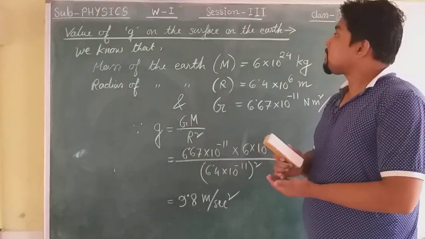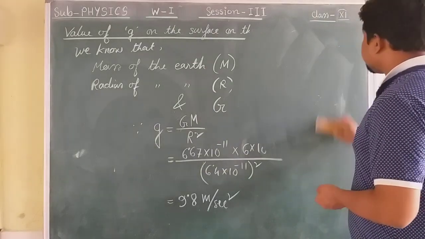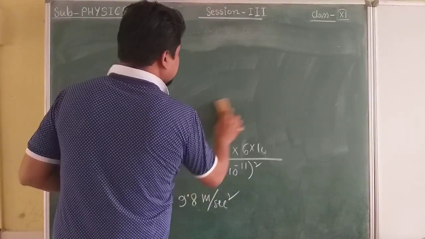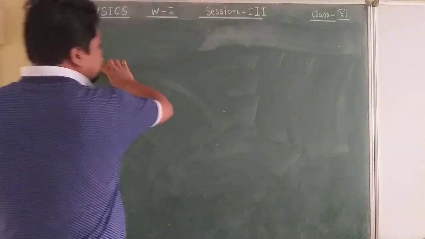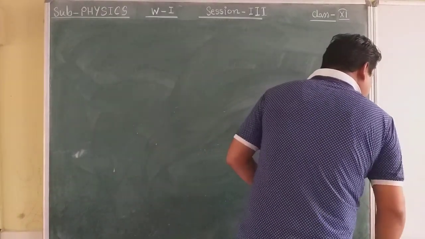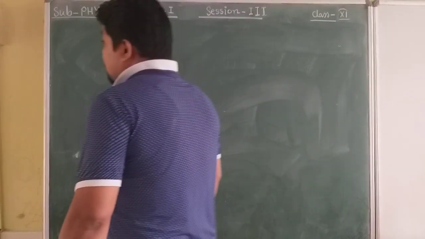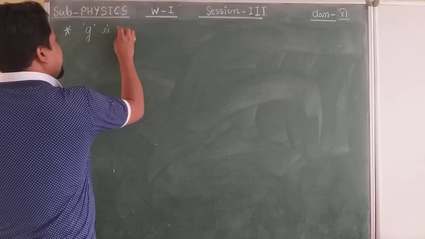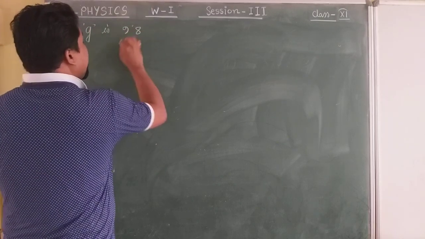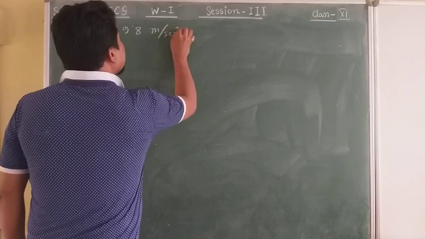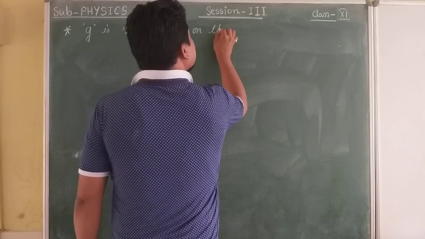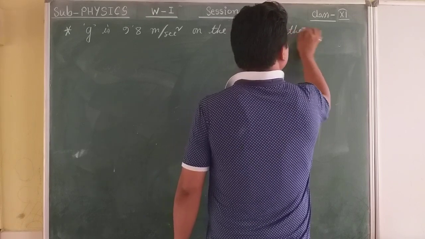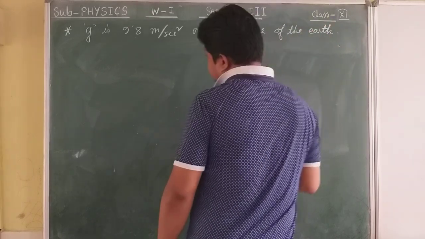Right? Small g is 9.8 meter per second square on the surface of the earth.